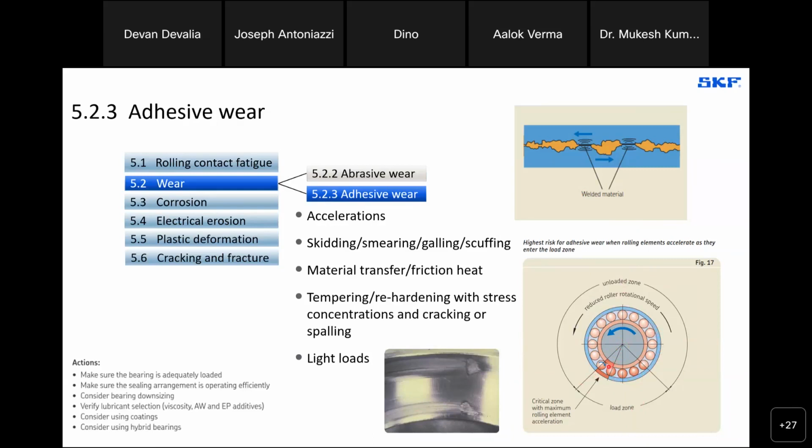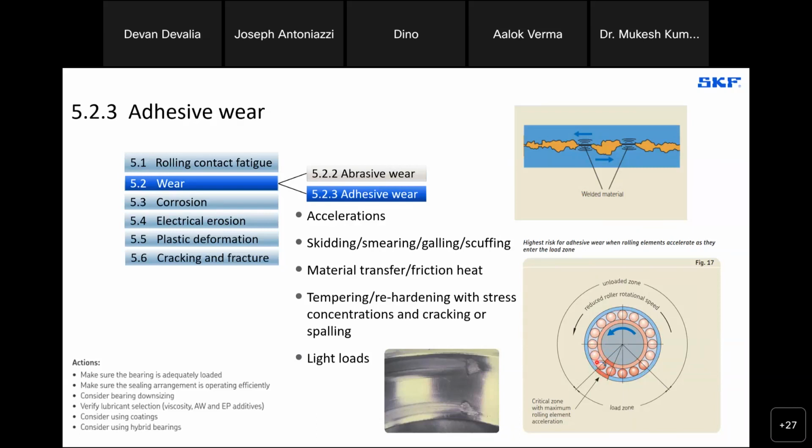Imagine that the inner ring is spinning, the shaft is spinning, and we have these rolling elements coming through this loaded area where they're captured and basically held and controlled. But as they come out of this loaded zone, they kind of freewheel, maybe even significantly slow down. In this area right here is where we have a high likelihood of getting skidding or adhesive wear damage as the balls or rollers catch up and accelerate into the load zone.